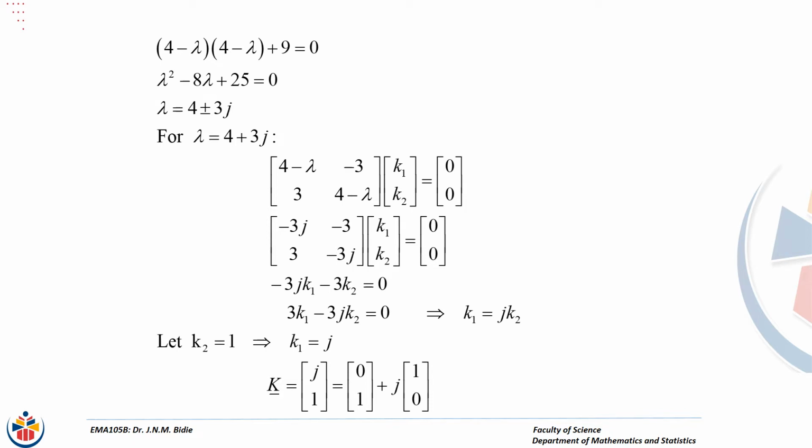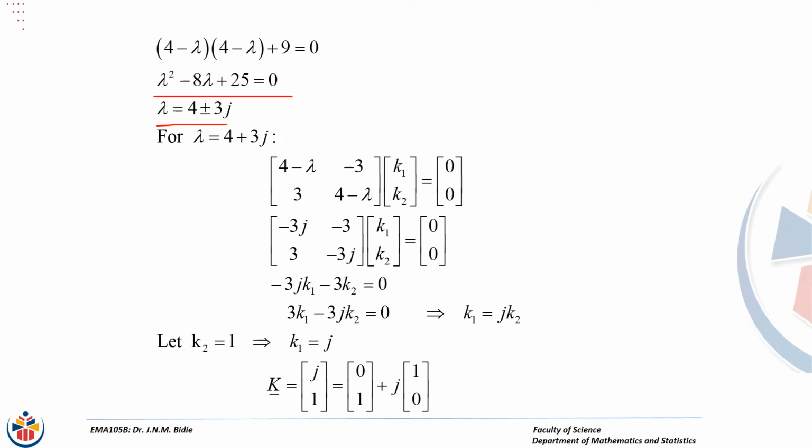From that matrix, we get (4 minus lambda)(4 minus lambda) plus 9 equal to 0. That gives us the characteristic equation lambda squared minus 8 lambda plus 25, which results in lambda equal to 4 plus minus 3j. Please check my calculations and confirm.